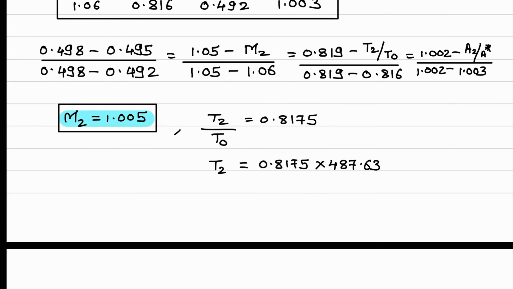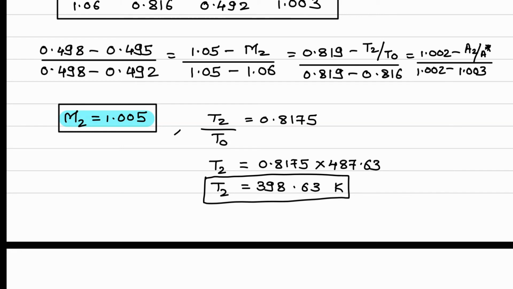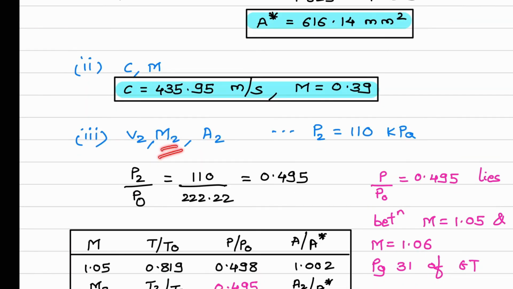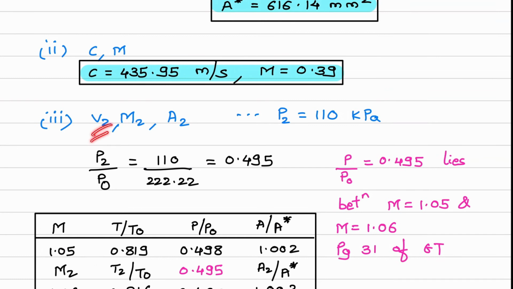So if I calculate this value, I'll get T2 is equal to 398.63 Kelvin. Now please make a note that this has not been asked for section 2 outlet section. Temperature has not been asked, till I am calculating it. Only what is asked? Mach number is asked, then velocity is asked, and area is asked. But still I have calculated T2 so that you can understand how to find it.